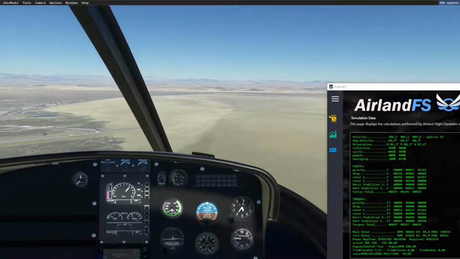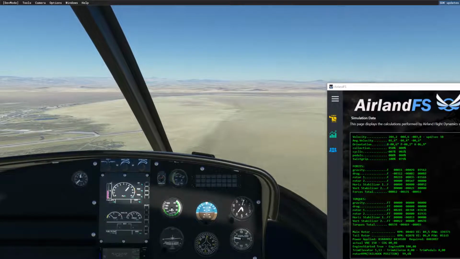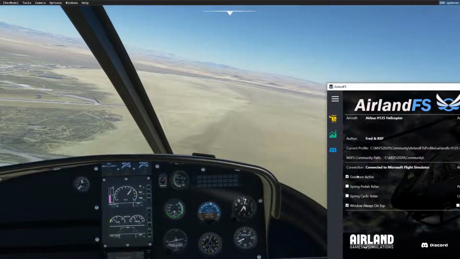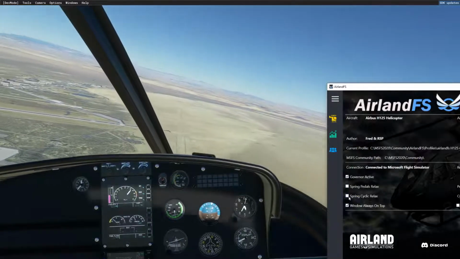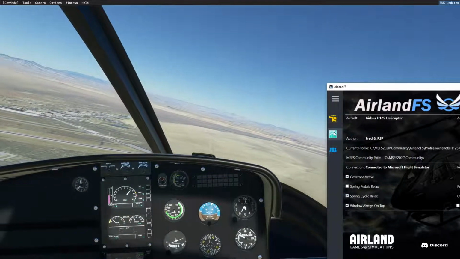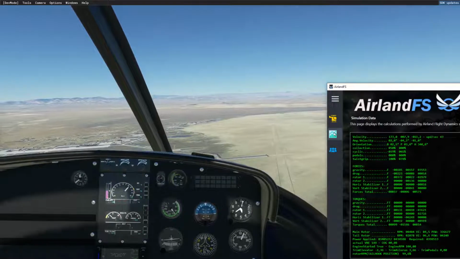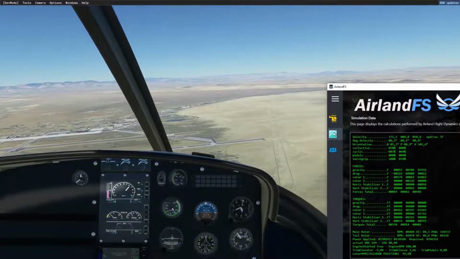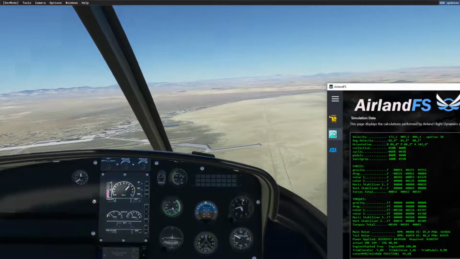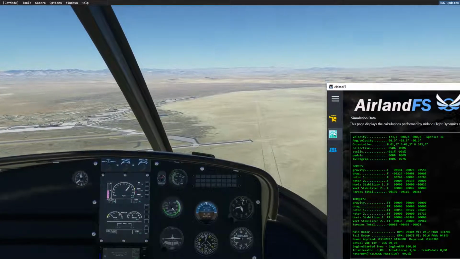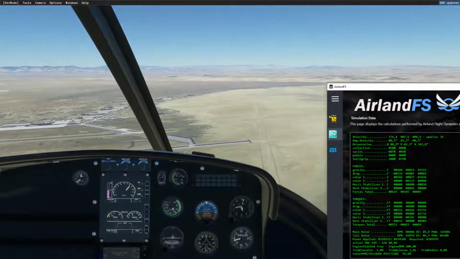And the same goes for descending. Okay, let me do something. Let me just put my cyclic trim on, one second. As I showed in the previous lessons, it's easier then to keep a stable course. I didn't have it in place. Okay, now I should be able to fly again at 120 knots in a second.